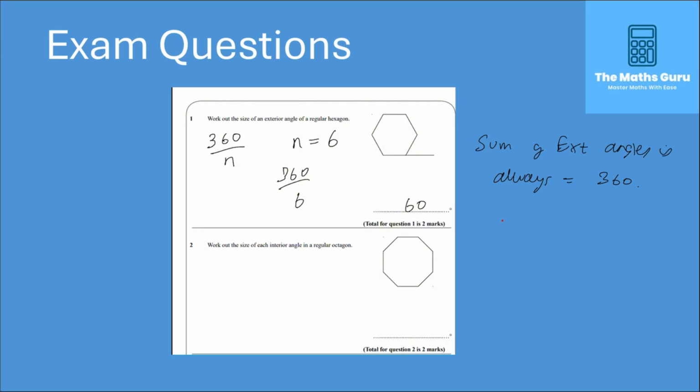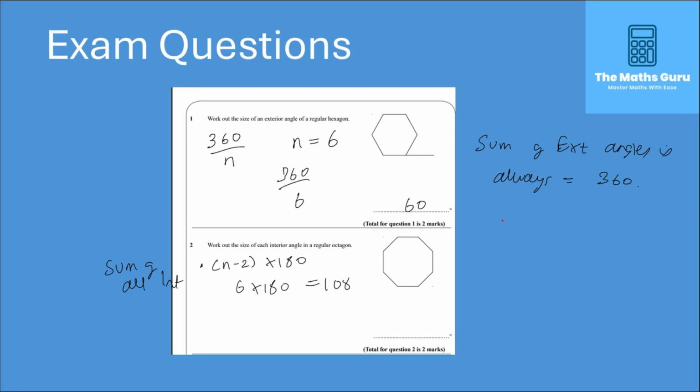To work out the size of each interior angle in a regular octagon, there's two ways we can go about this. I'm going to use the formula n minus 2 times 180. This is going to give us the sum of all the interior angles. Hence, 8 minus 2 is 6. 6 times 180 is, I believe, 1080.